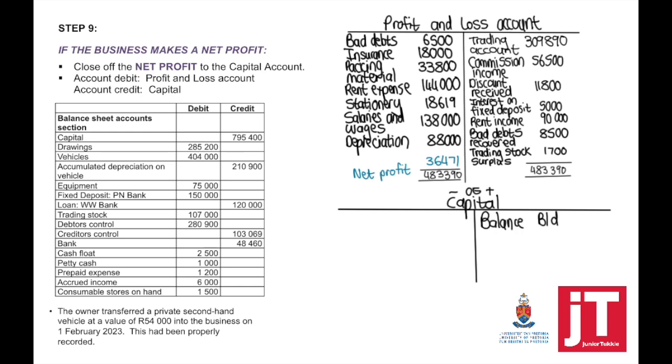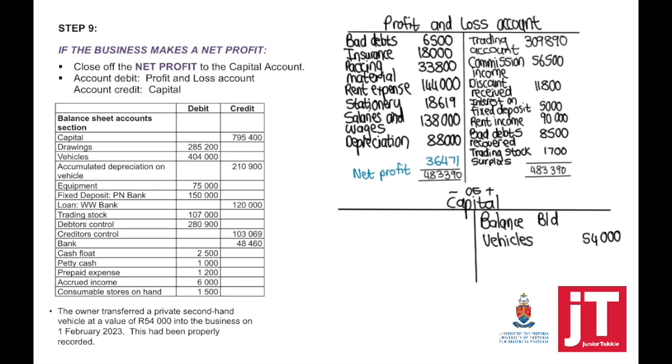If we're looking at the capital account, as mentioned earlier, it's an owner's equity account, which means that the balance brought down will appear on the credit side. But take note, I haven't written down the balance. There was additional information which said that the owner has given a second-hand vehicle to the business that will form part of his capital contribution.